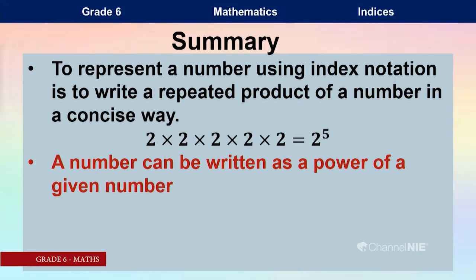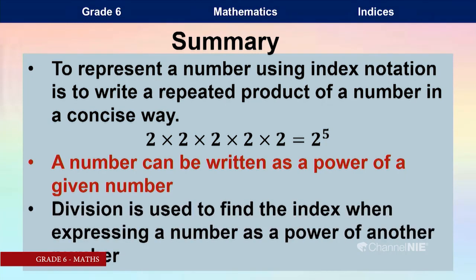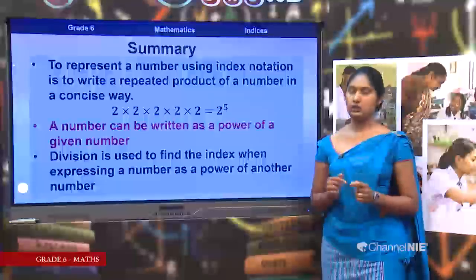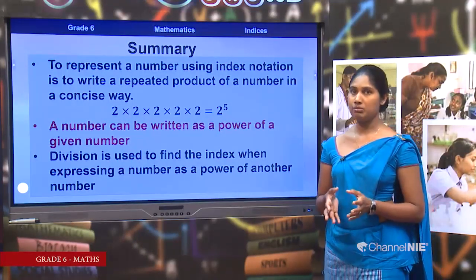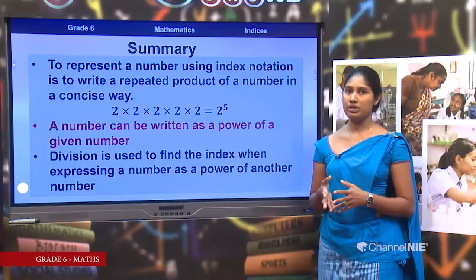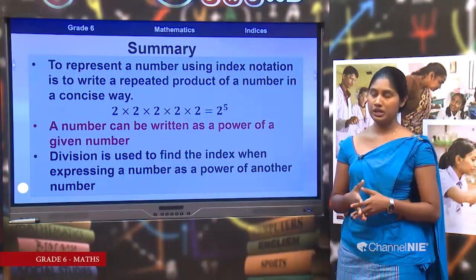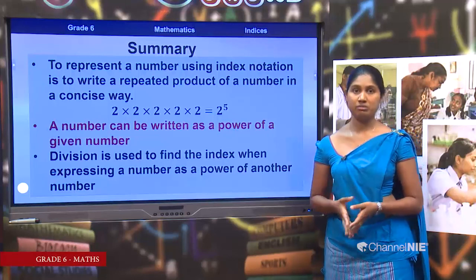To write as a power of a given number, what method can we use? That is the division method. Division is used to find the index notation when expressing a number as a power of another number. I told you, you can use the division method when we write a number as a power of another number.